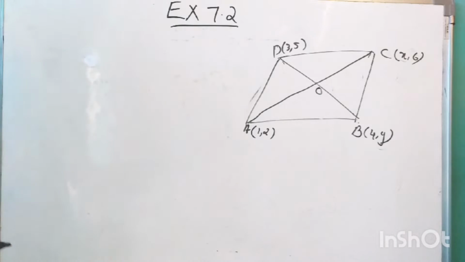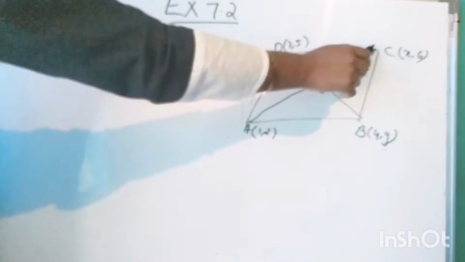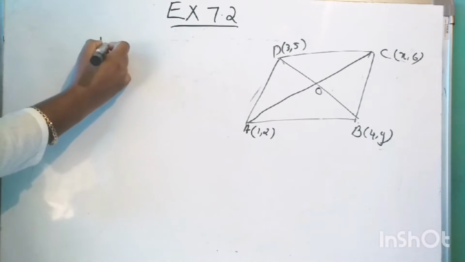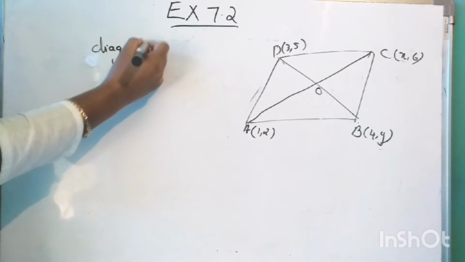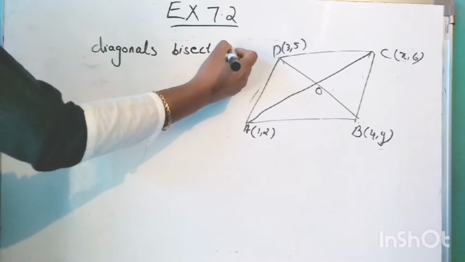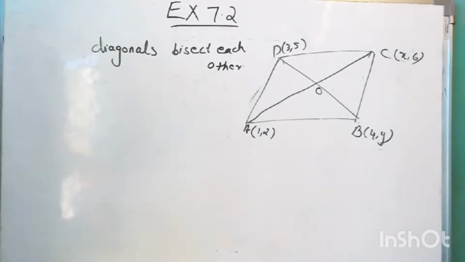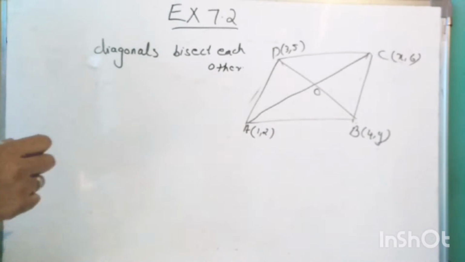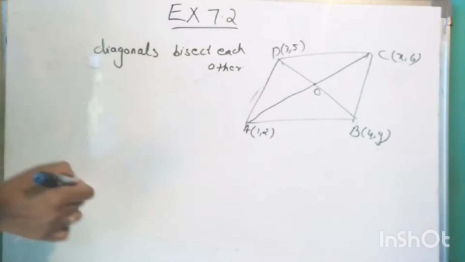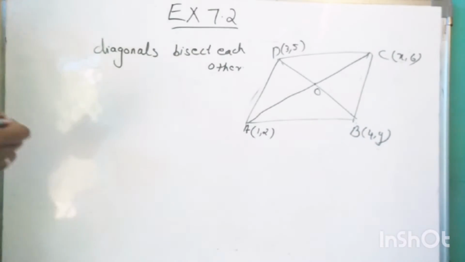We know that in a parallelogram, diagonals bisect each other. Since the diagonals bisect each other, the midpoint is the same for the diagonals AC and BD.